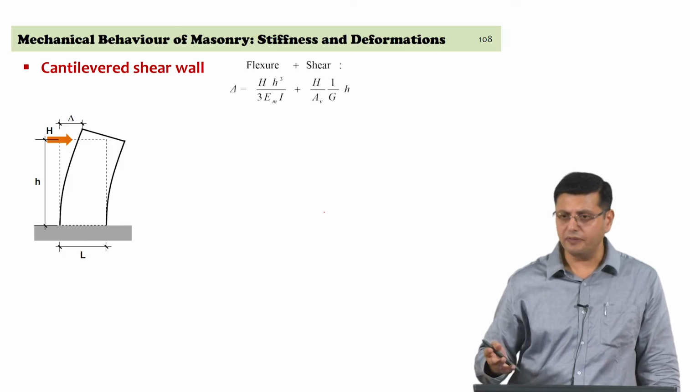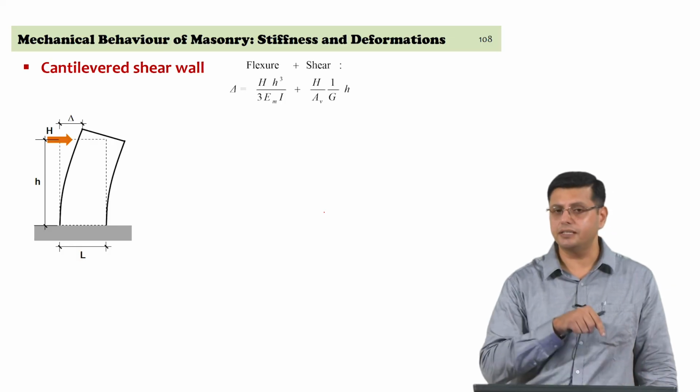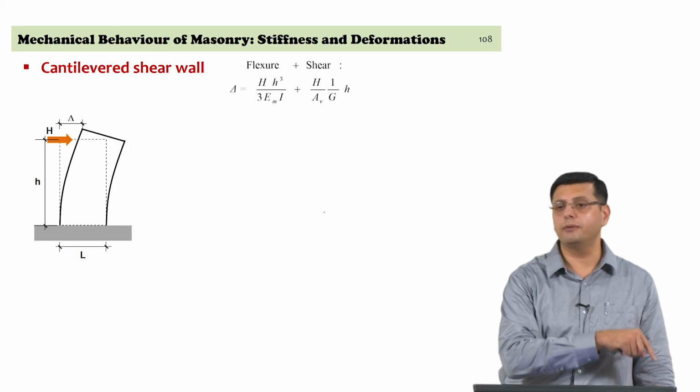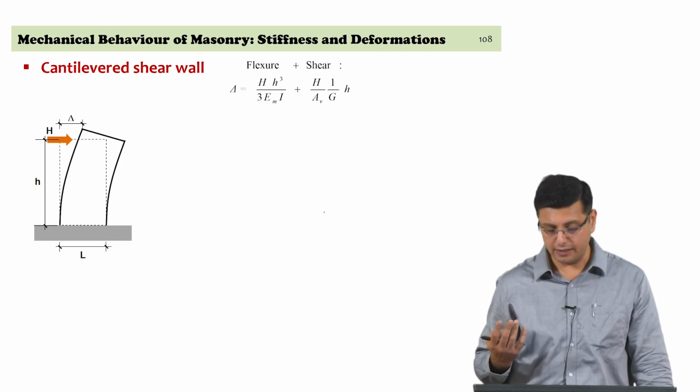This simplification and idealization of the boundary condition is essential for us to estimate the stiffness of an entire wall composed of piers and spandrels.